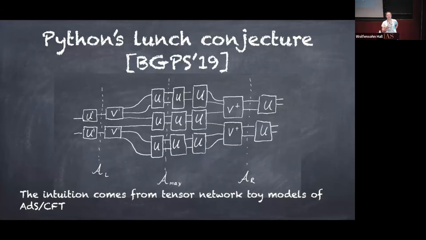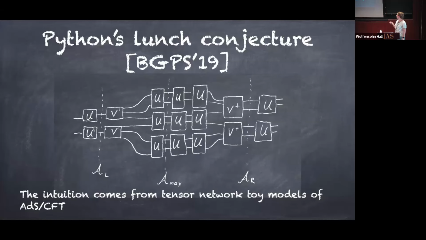Whatever state you send in from the left, you lose an equal amount of norm, so then you just rescale to get that. Okay, thank you.